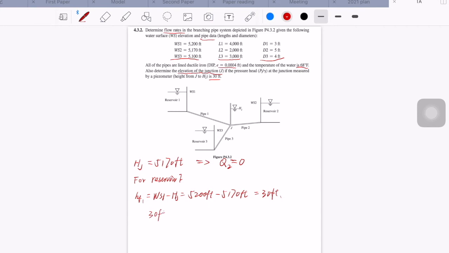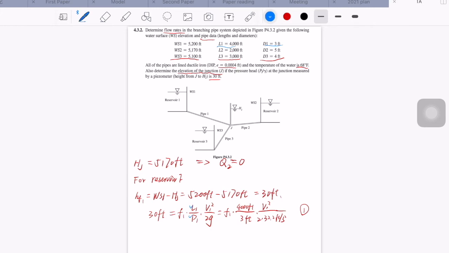And we also know this equals f1 times L1 divided by D1 times V squared divided by 2g. We can find this value from the problem, and this is equation 1.